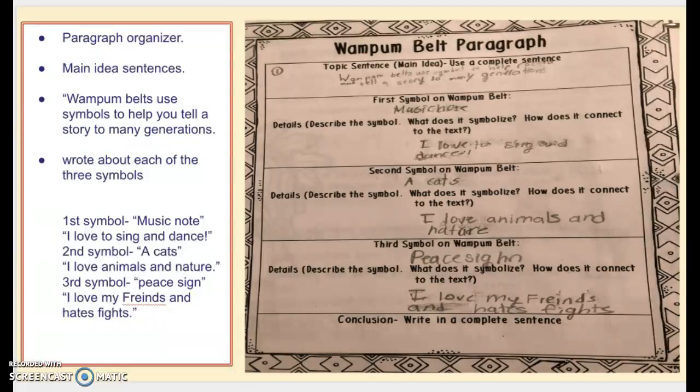And her second symbol about cats, because she loves nature and animals, and her peace sign, and she says, "I love friends," and hates to fight. I wrote in the speaker notes down below that you can't see on the page right now, but she's got a couple of mistakes, and ELs need to be taught about verb form agreeing with subject. So you can see she has I love friends and hates fights.